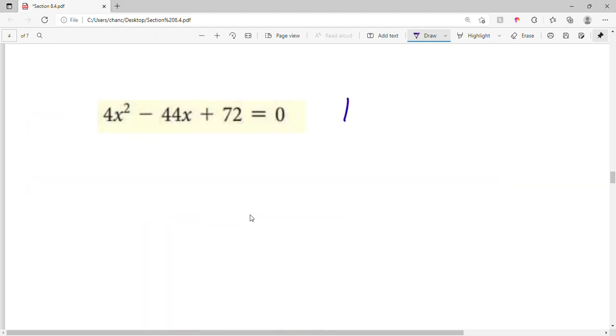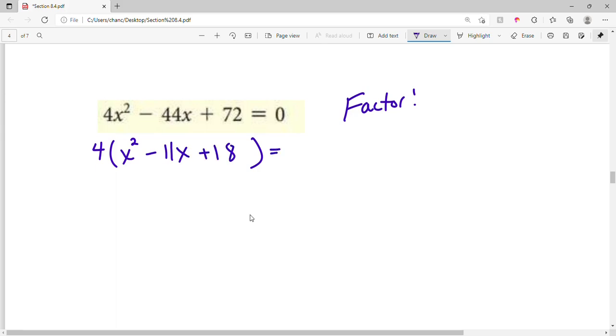For this problem, I will begin by factoring, and notice we do have a GCF, so let's factor out the common factor. It looks like the common factor is 4. Take the 4 into the front, and so 4, when factored out, leaves us with x squared minus 11x plus 18.